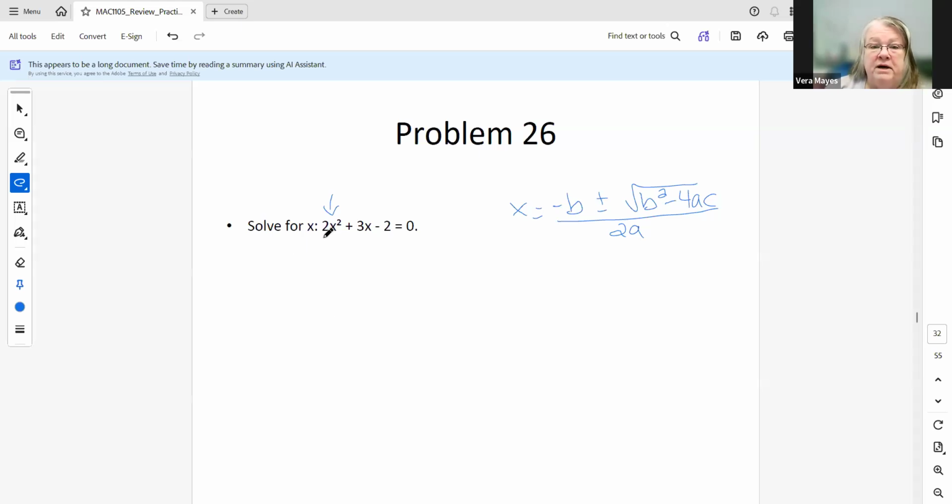So here's my a, here's my b, here's my c, because remember every quadratic is of the form ax squared plus bx plus c. So I'm just going to plug them all in here, kind of doing it in a generic form so we can see where everything goes.